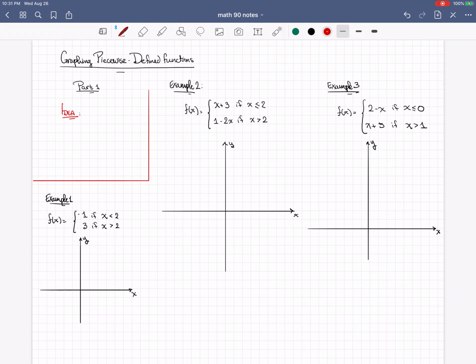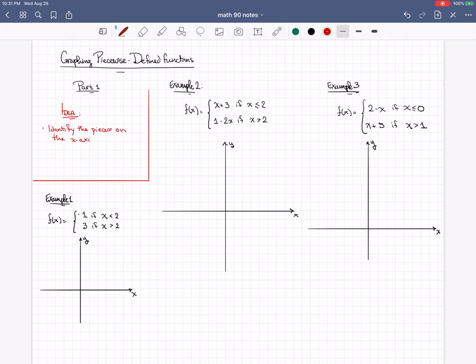I want to start with the big idea. As you remember, a piecewise defined function has a different rule that it applies to different pieces of the domain. So the first thing that I like to teach about graphing piecewise defined functions is to identify the pieces on the x-axis.